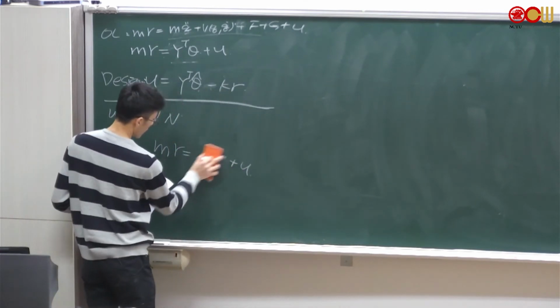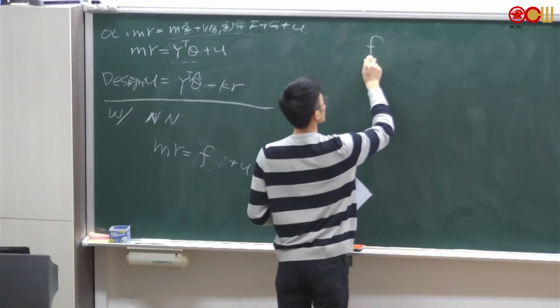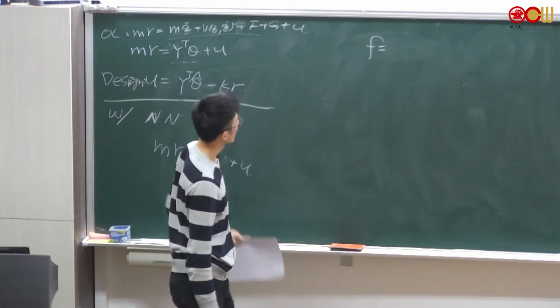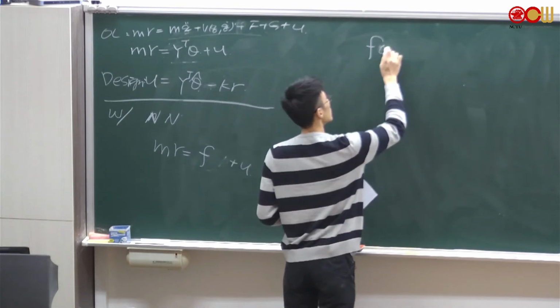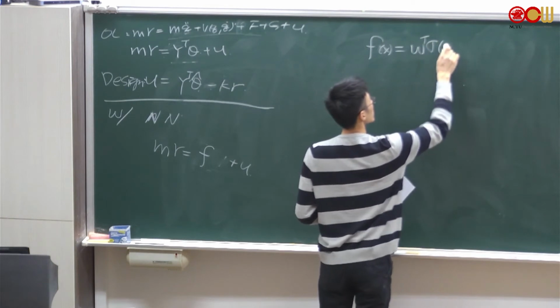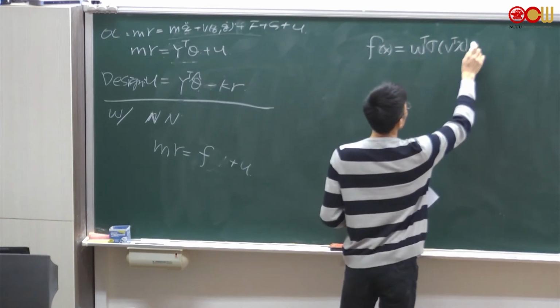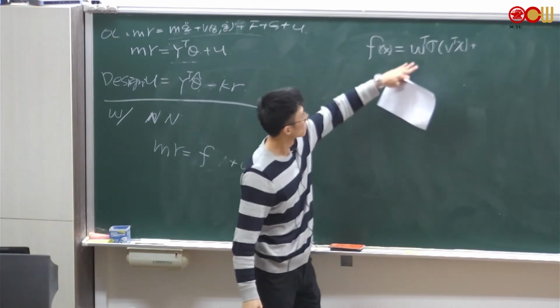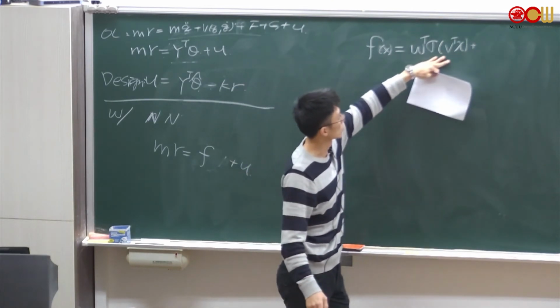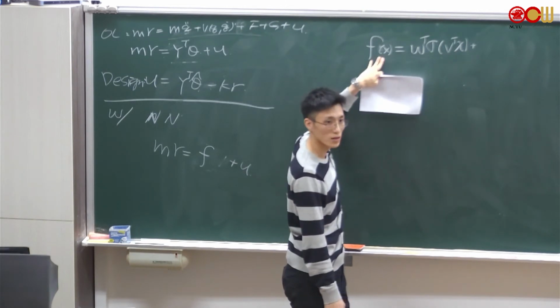So assume we say it's f, another nonlinear function. We assume that this f can be a neural network function, and this function is used to approximate a nonlinear function.